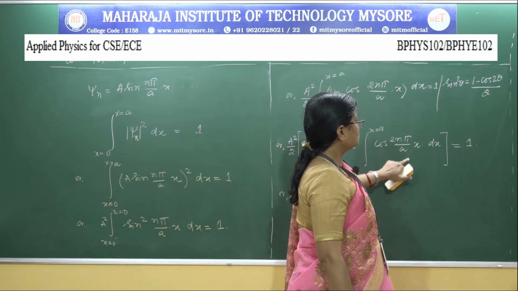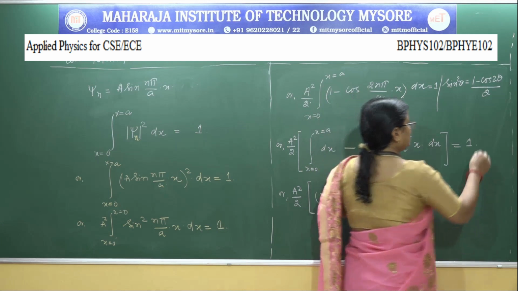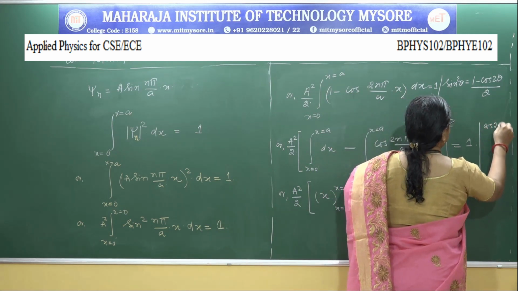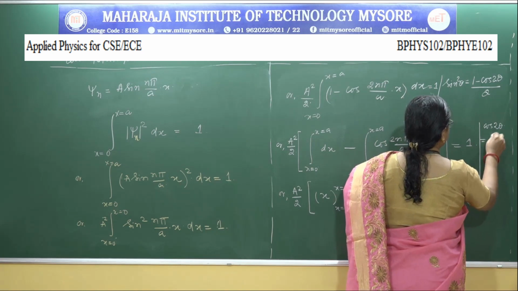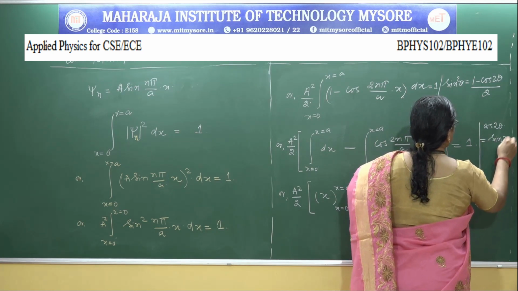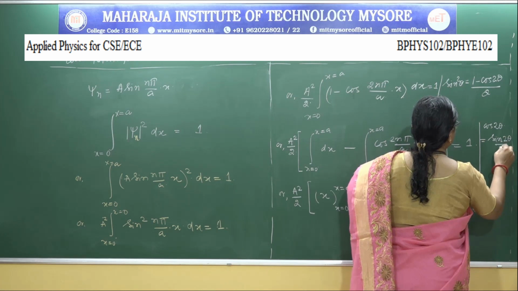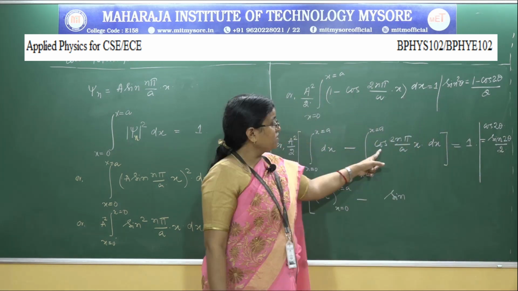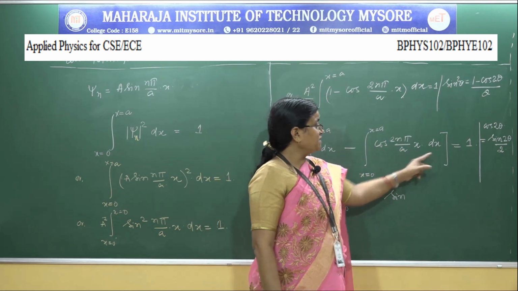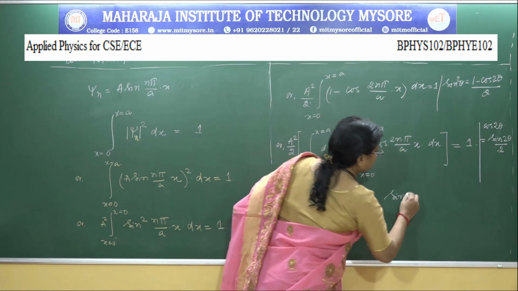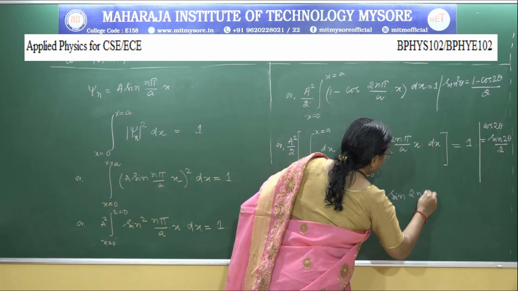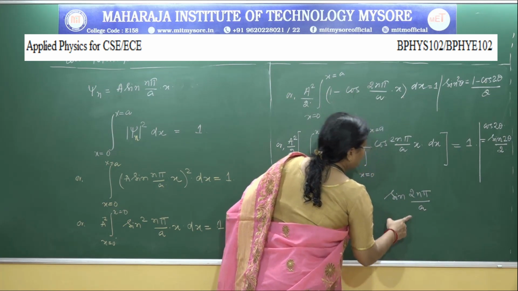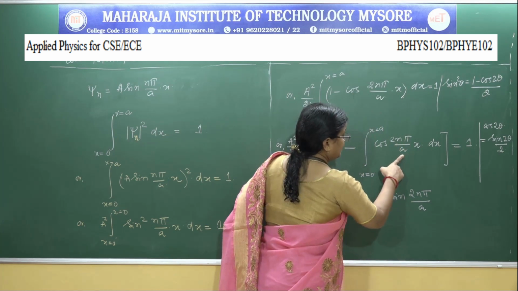Of cos 2 theta, it will be equal to sin 2 theta divided by 2. When you integrate cos 2 n pi by a into x dx, you will get sin of 2 n pi by a divided by 2 n pi by a.